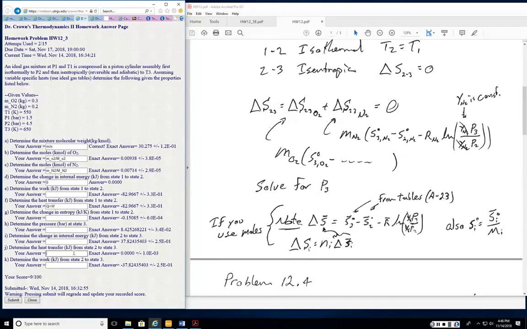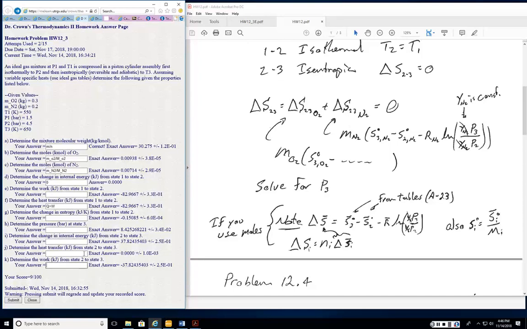So the heat transfer is 0, and then the work just equals the total number of moles times the total change in internal energy per unit mole, or if you have the total change in internal energy, it's going to just equal the work if you've already multiplied times the mass, or moles.